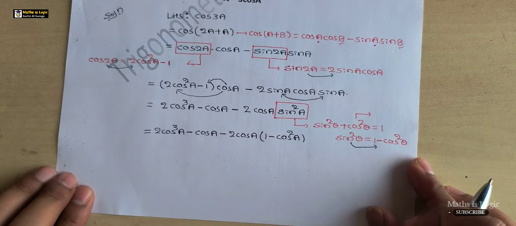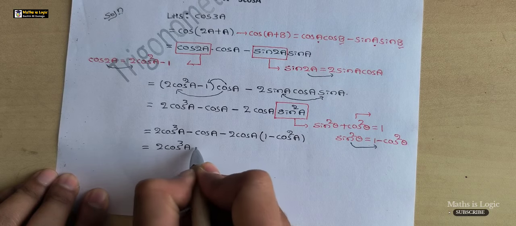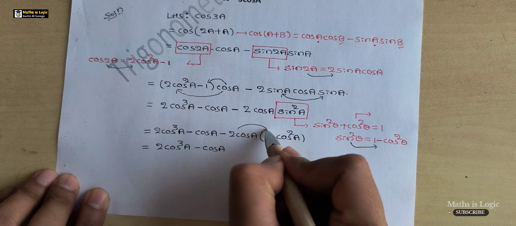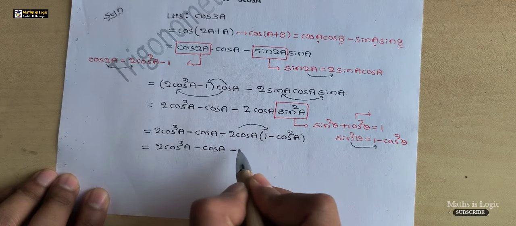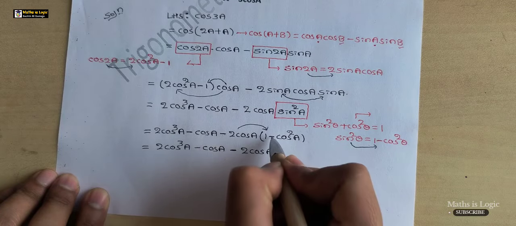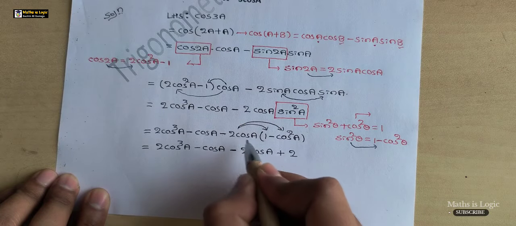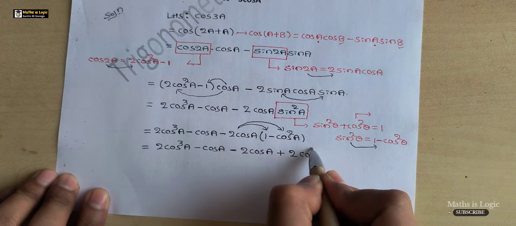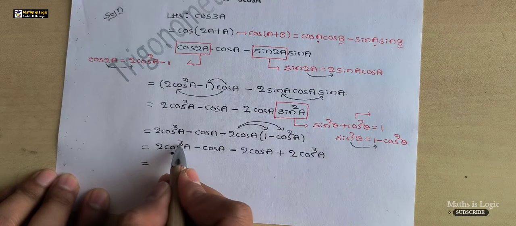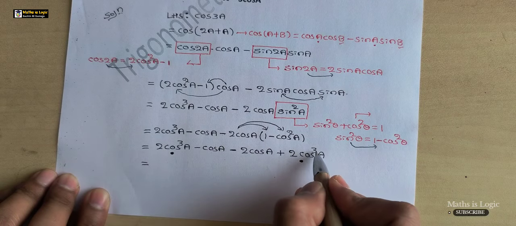Next, now this is equal to 2 cos cube A minus cos A, keep it as it is, open the bracket. First these two, minus into plus is minus, 2 cos A into 1 is 2 cos A. Next, minus into minus is plus. Next, these two, 2 as it is, cos into cos square becomes cos cube A. Therefore, here you can say minus 2 times cos cube plus 2 times cos cube plus 2 times cos cube.